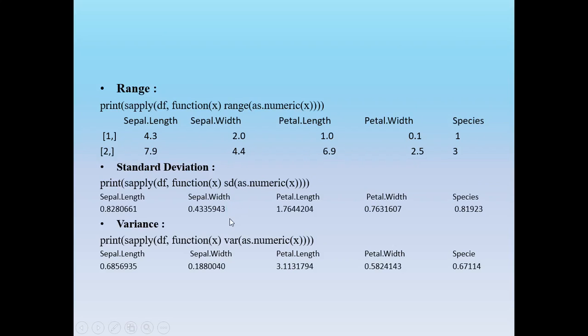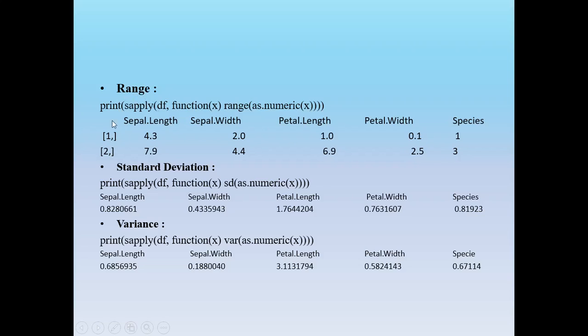Then range. The range function returns an object containing the minimum and maximum in that order, or the range can be easily computed by subtracting the minimum from the maximum. With the help of this we get the range.